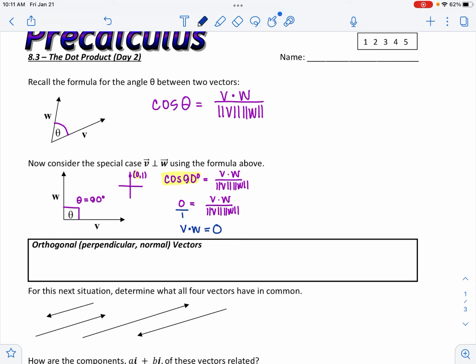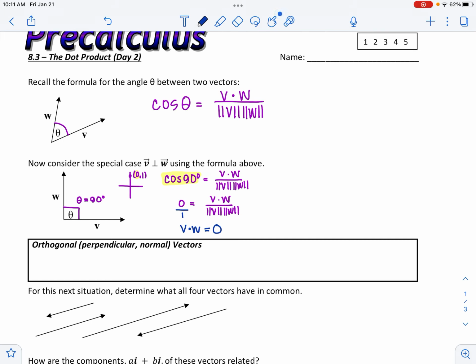Or if the dot product is 0, we know the angle between the two vectors is 90 degrees. If two vectors form a 90-degree angle, they are perpendicular.